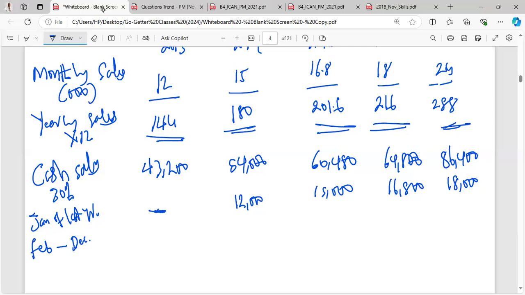This is 30%. Now the remainder, which is 70%, we are going to collect 11.